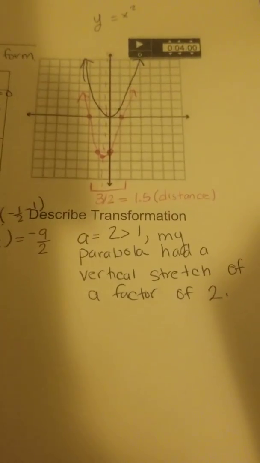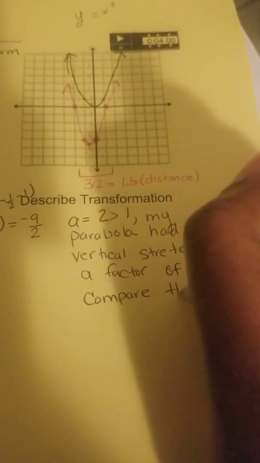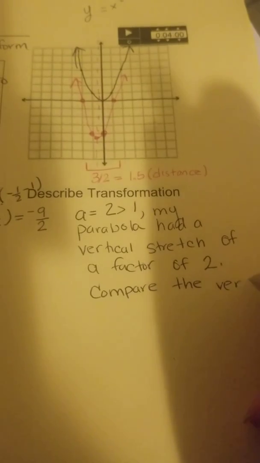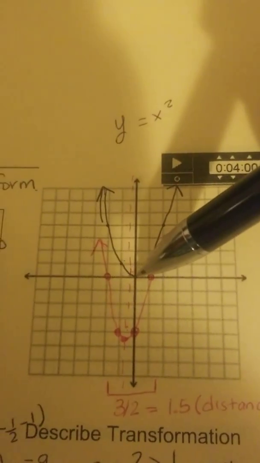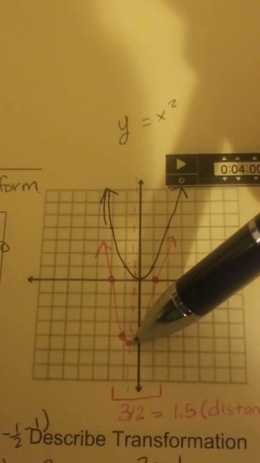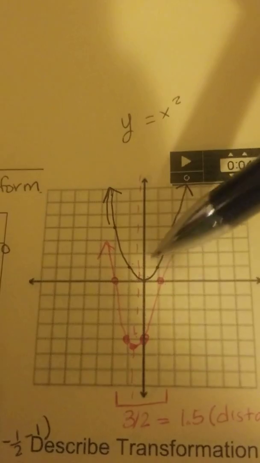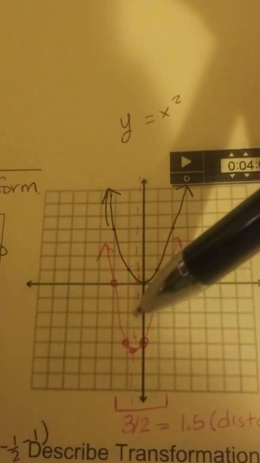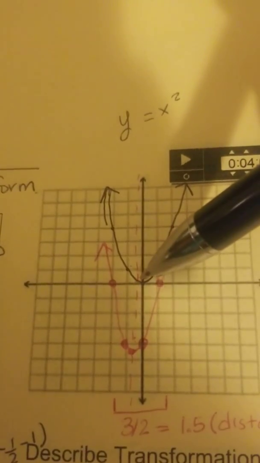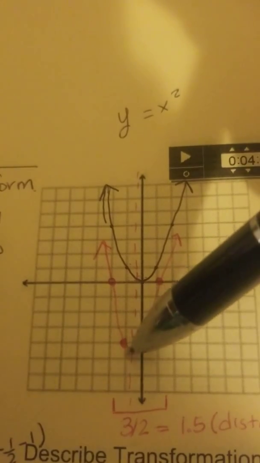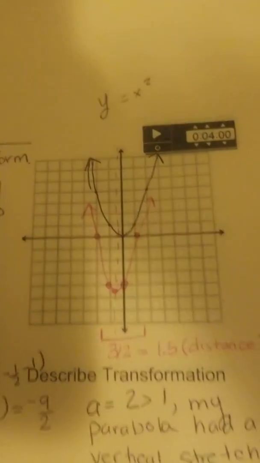You can go one step further and compare the vertex and add that to your notes. So for example, my vertex originally started at the point 0, 0, but now it's at the point -0.5, -4.5. So you can describe what happened, like how did it move from your parent function down to your new function. All right, that is all.